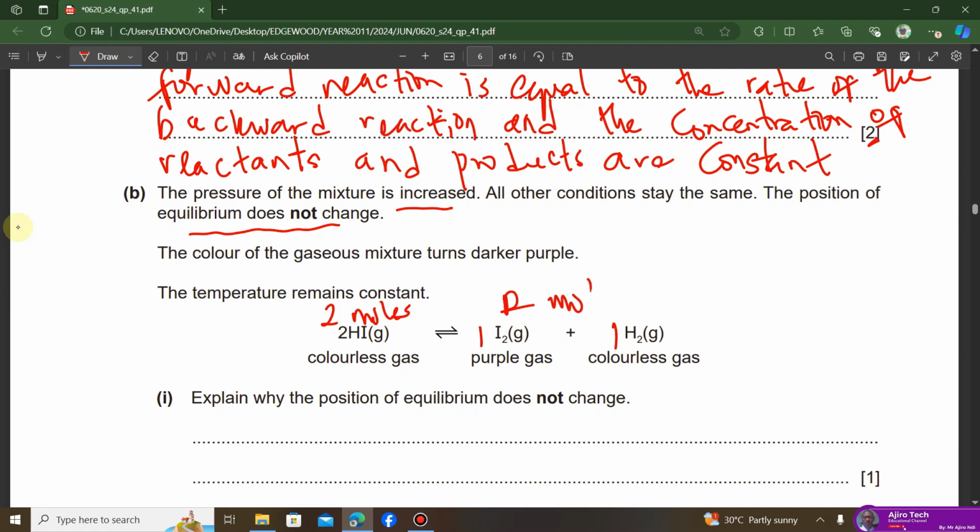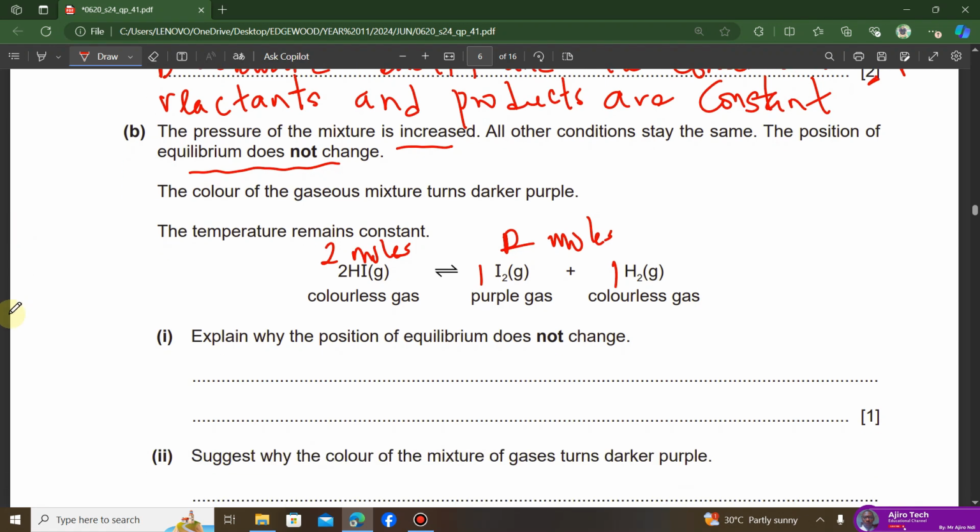So we have 2 moles on the left, and we also have 2 moles on the right. Since they have an equal number of moles, the pressure will not affect the position of equilibrium.